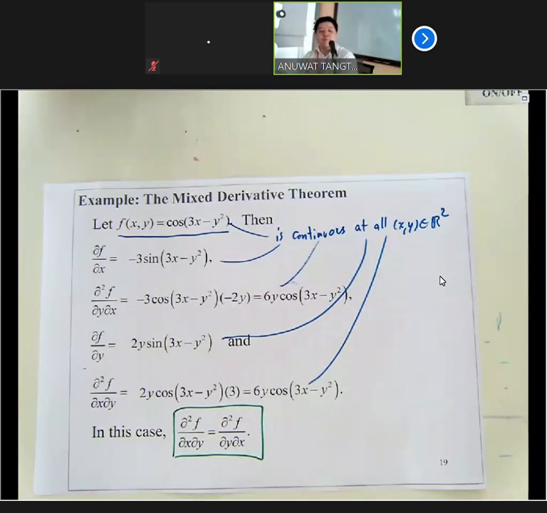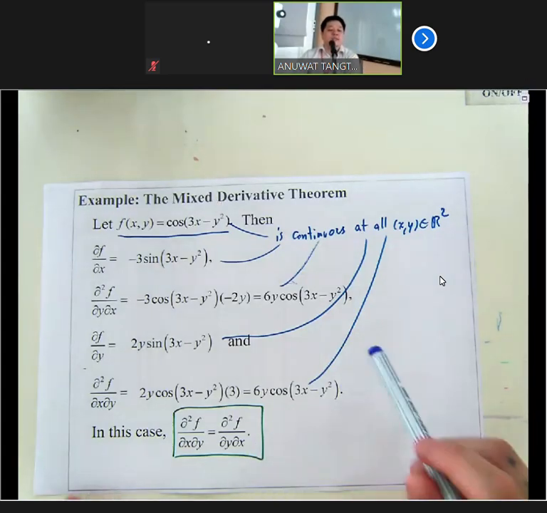There is a very complicated example to show that the mixed partial derivatives are not equal. That example would be a very strange function where the mixed partial derivatives are not equal.